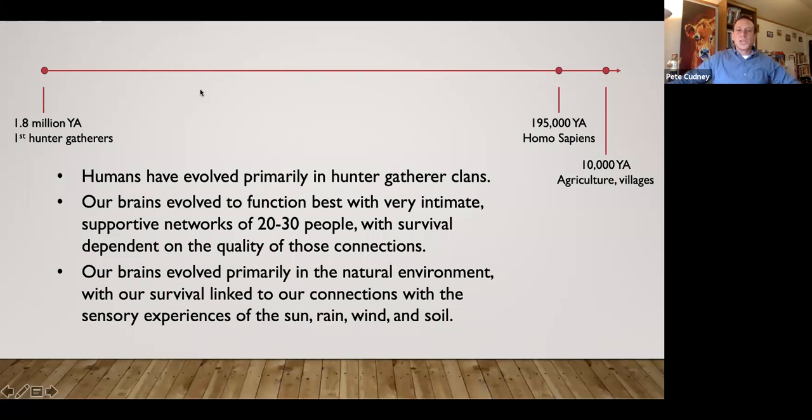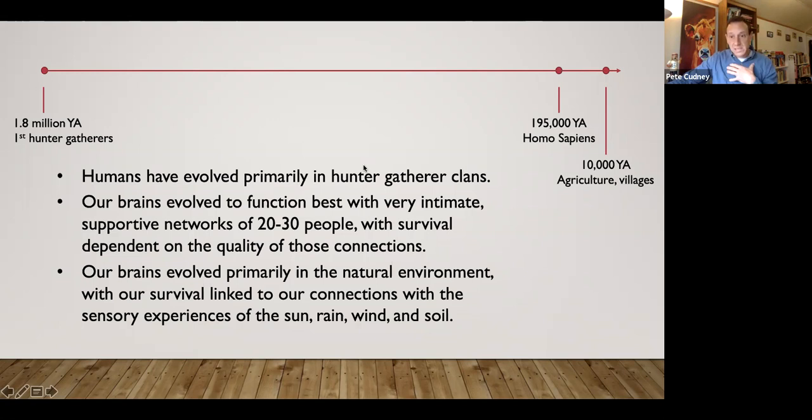So the human brain evolved over almost 2 million years in an environment characterized by hunting and gathering groups.